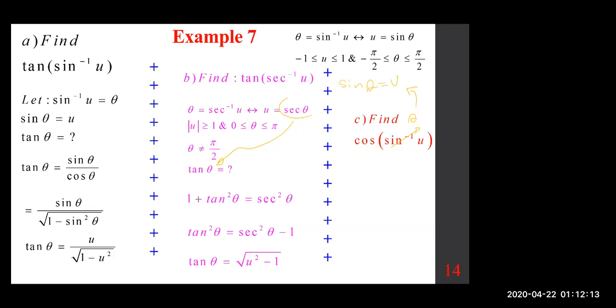If sine theta is given as u, what is cosine? That's a simple Pythagorean identity. Okay, class? So that would be the answer. I hope everybody's okay with that.